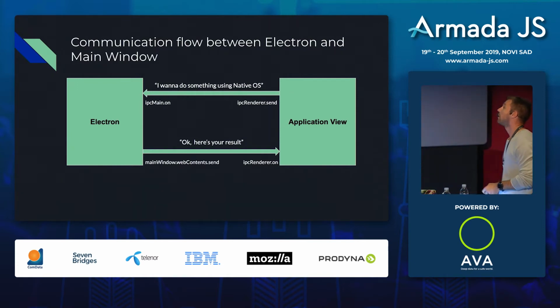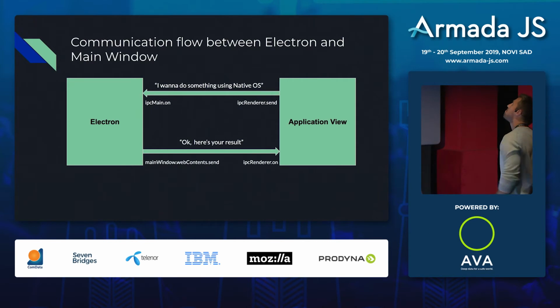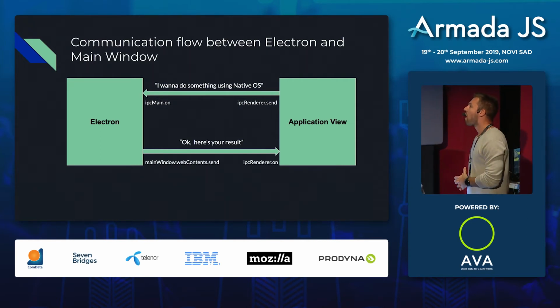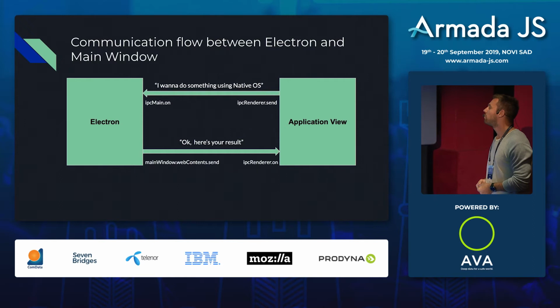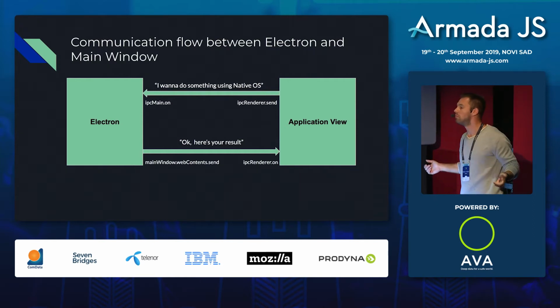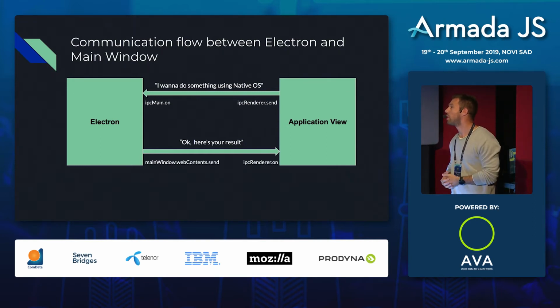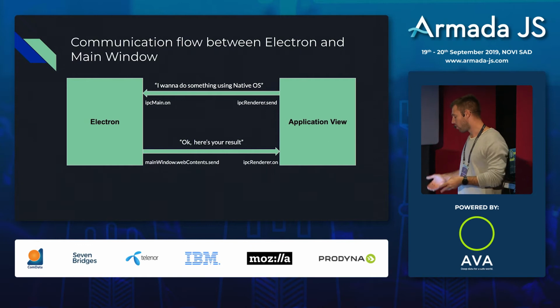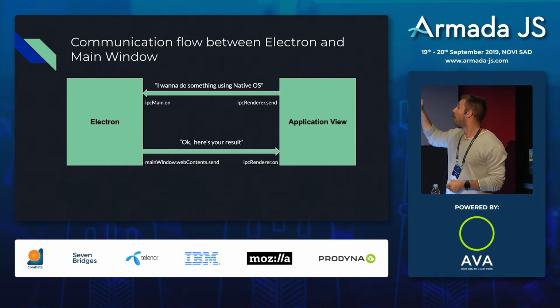And this is how that looks in practice. You have an application view. Imagine this as an HTML CSS page with a button. Let's say you want to get OS info, to see, I don't know, how hot your processor is at the moment. You can't get that because you cannot access your operating system directly. But with Electron, you can do it.